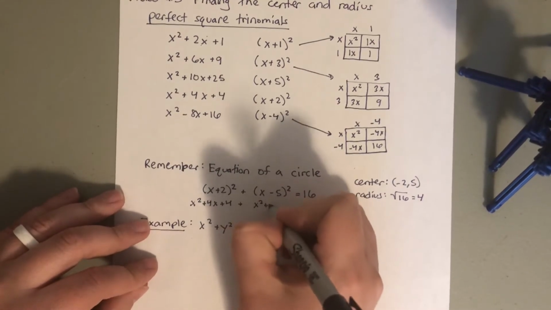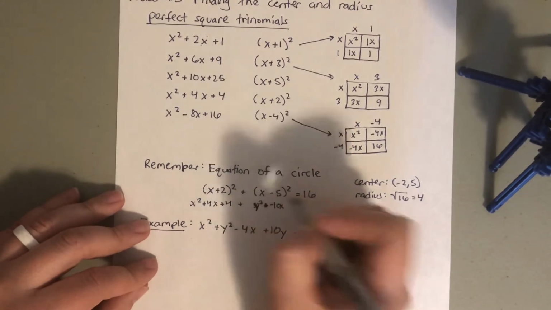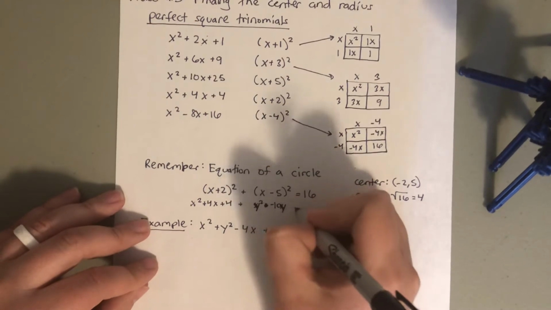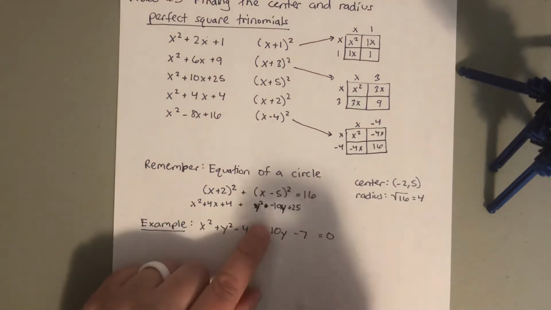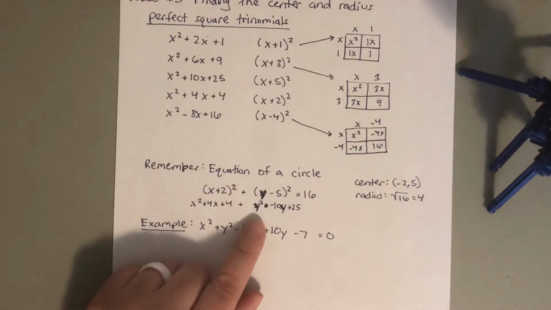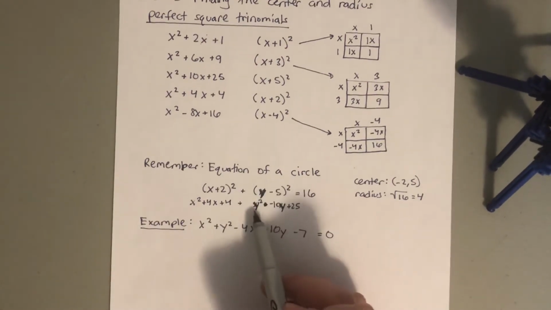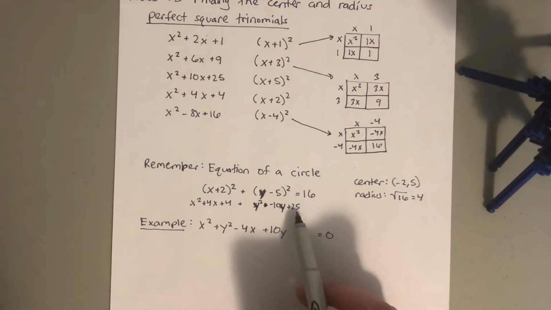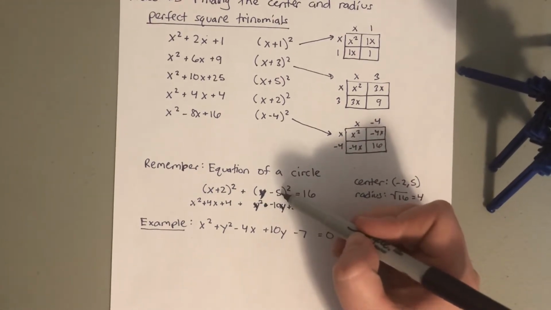y squared minus 10y plus 25. Because an equation of a circle has an x and a y in it. So that would be y squared minus 10y plus 25, because half of negative 10 is negative 5.